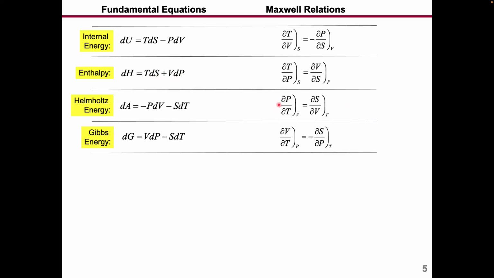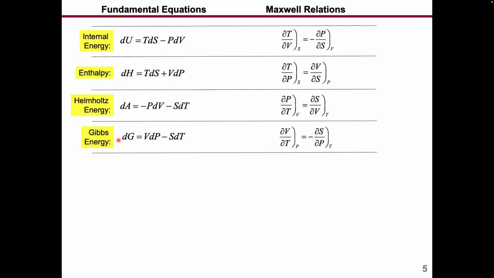From the Helmholtz equation, the minus signs cancel, so (∂P/∂T) holding V constant equals (∂S/∂V) holding T constant.